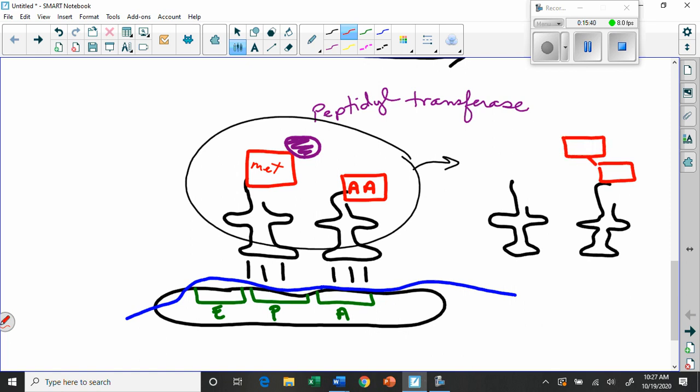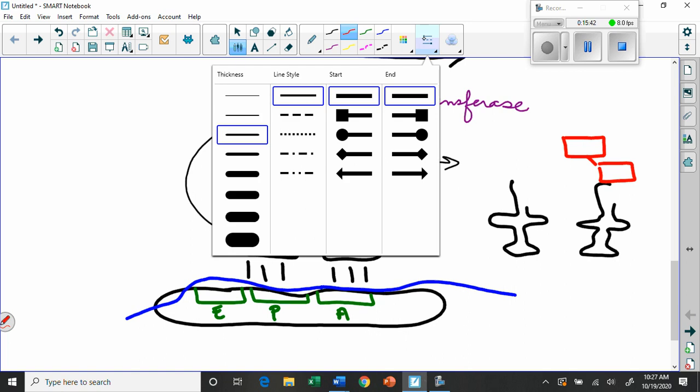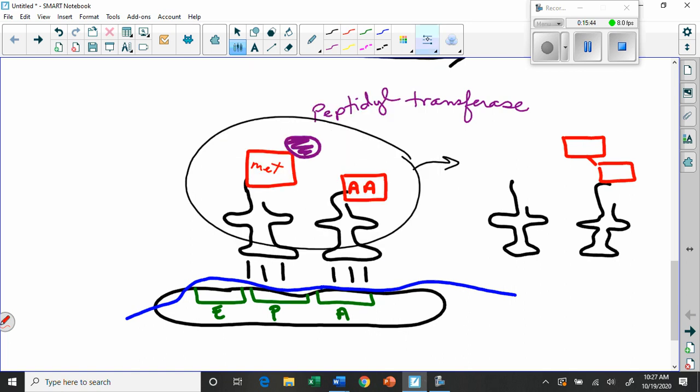The methionine is translocated, moved and attached there with a peptide bond. So there's your methionine, and this is the other amino acid. And so now it's free from the transfer RNA that was there.